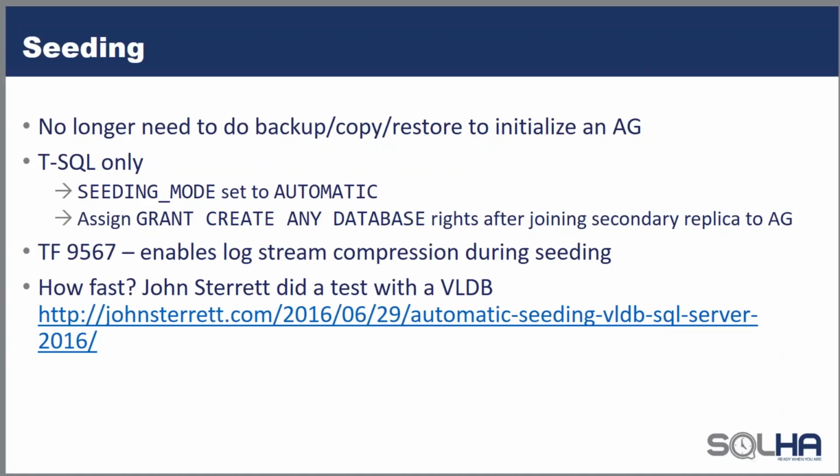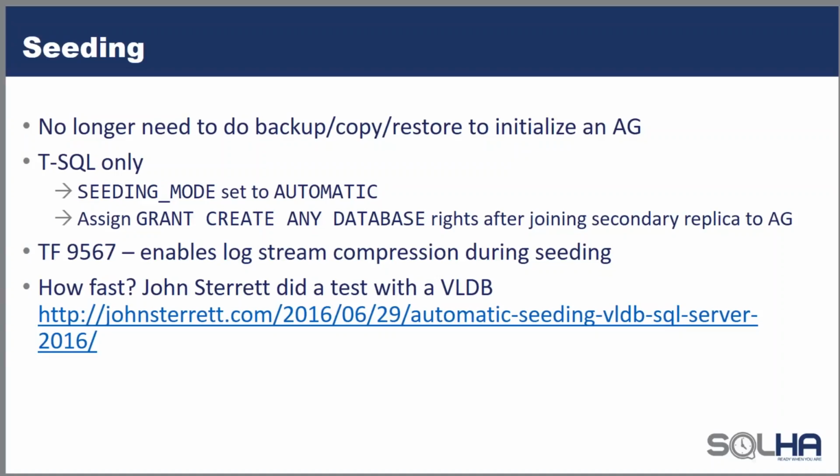Similar to the other trace flag I just talked about, it's off by default because it obviously takes a CPU hit, but you can enable trace flag 9567 to do log stream compression during seeding. Again, it's something I would test before I went and enabled.